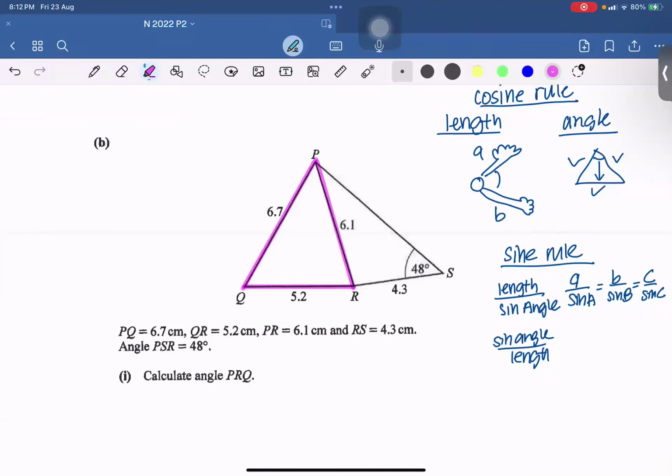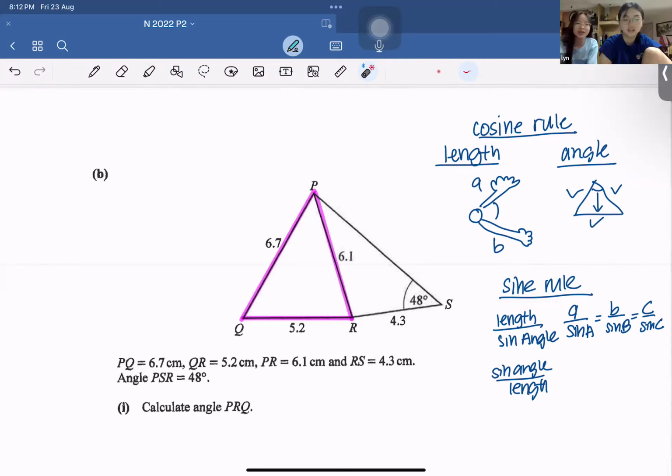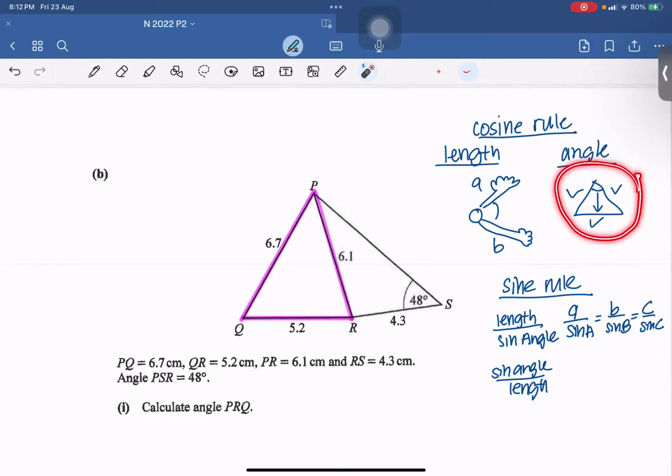Which type has all three sides? Cosine rule. Correct. Very obviously, they want you to find angle, correct? The angle that you want to find and the side opposite to it must be the matching pair. So you must identify the side opposite to it.